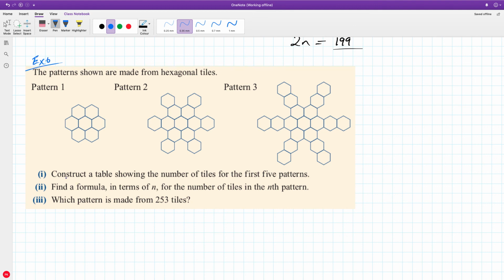There's no need to construct the table. Just show what T1, T2, T3, and so on is. Ten minutes left, guys. Nearly there.